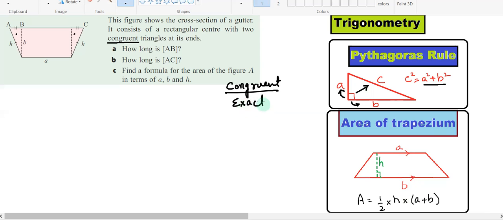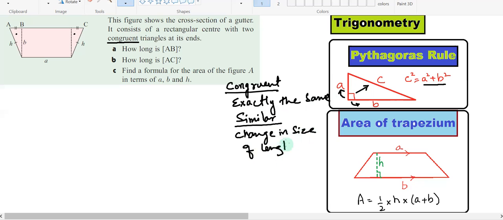Their corresponding lengths and corresponding angles are equal. Whereas similar figures have the same angles, but the size is different, a change in size of lengths only. We can discuss congruency and similarity in much more detail, but right now we're going to focus on this question.